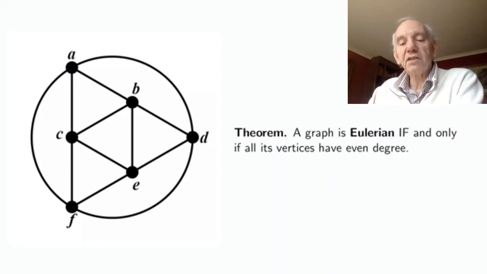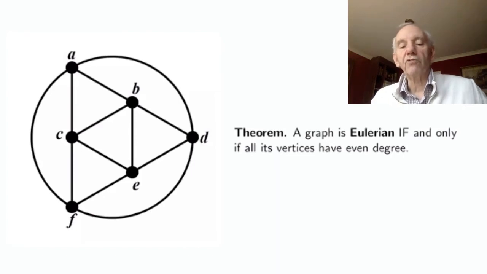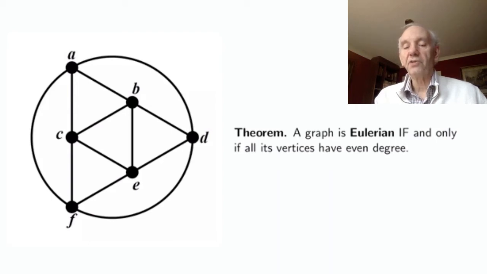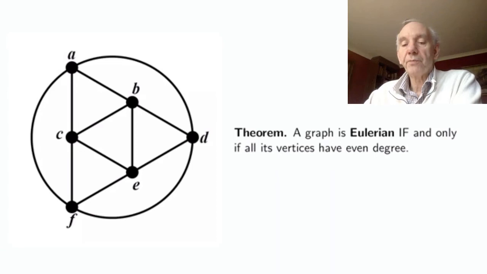That's the basis of something called Hierholzer's algorithm, which is explained in the notes. It's really quite straightforward, and that will explain why this theorem is true. If all the vertices have even degree, it is possible to find a closed trail. There may be many choices, but there will exist a closed trail that covers all the edges.